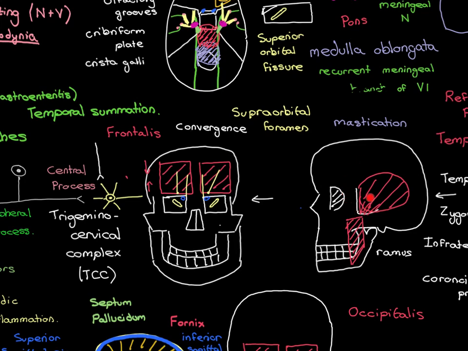So the maxillary nerve, we know that it's got branches going to the anterior portion of the middle cranial fossa meninges. Again, its primary nociceptive afferents from the meninges, their central processes are going to synapse onto second order neurons that are also going to be synapsed onto by peripheral primary nociceptive afferents that are coming in through the maxillary nerve, and therefore its pain ends up being referred to the peripheral site as well.